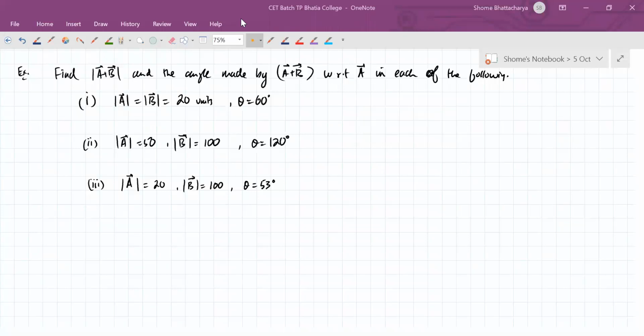Yes, Soham, the first part is correct for you. Both magnitude and direction are correct. Good. Anybody else got the answer for the first part?